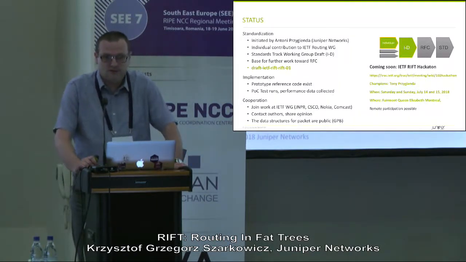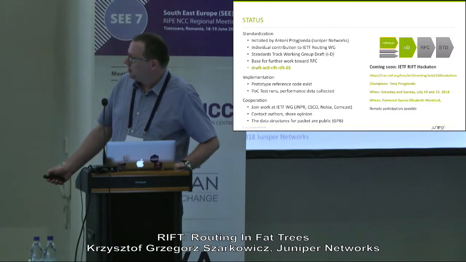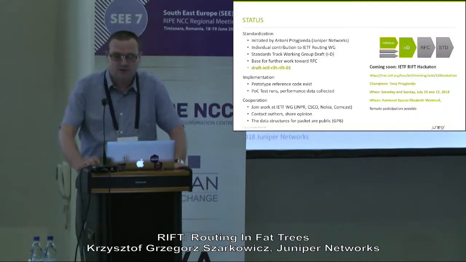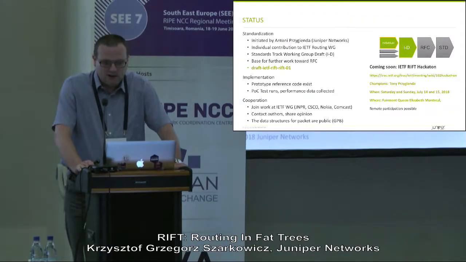So there's support from 3 vendors, Juniper, Cisco, and Nokia, formerly Alcatel-Lucent. And Comcast, one of the biggest service providers in the US, is also co-authoring the draft. So work is progressing pretty well, I would say.